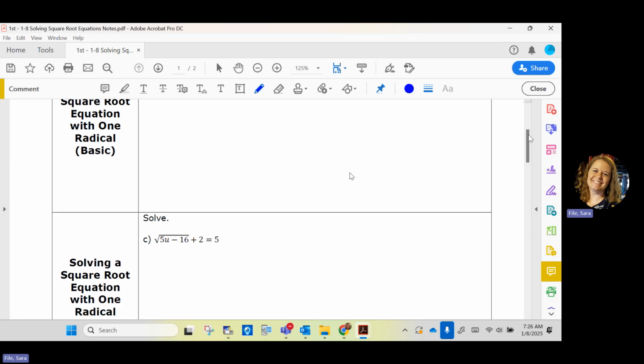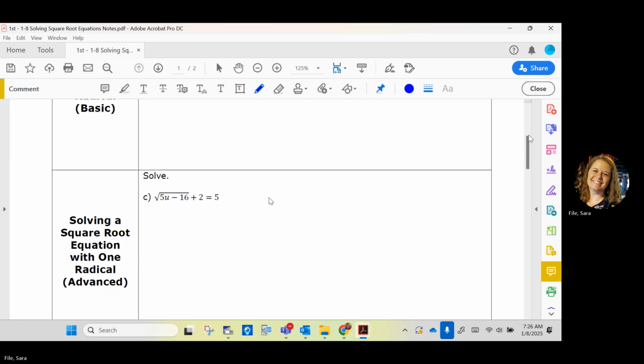I want to show you what I'm talking about here. This plus 2 is outside the radical, right? Y'all agree? Not under it. So it needs to be moved to the other side first. Okay, so you would have to subtract that 2 across before we do anything else.